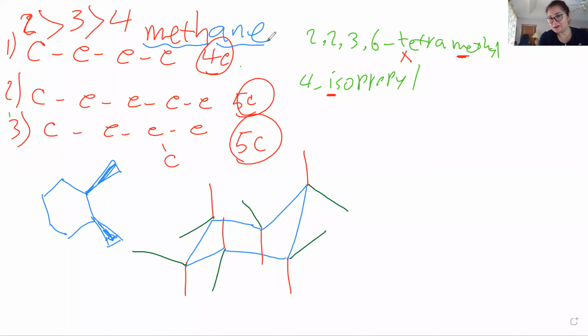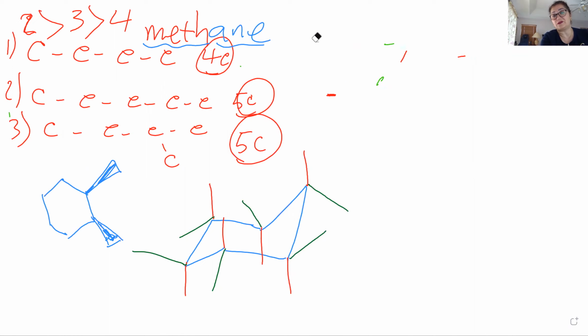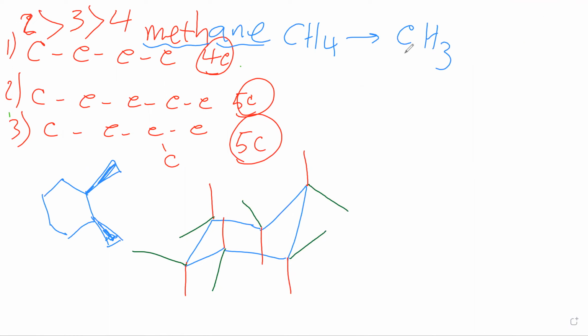Name of branches. You need to know the name of branches. If you have methane, methane is 1 carbon with 4 hydrogens. Now, if methane loses 1 hydrogen, it's going to change from CH4 to CH3. So it has lost 1 leg, it becomes yl.